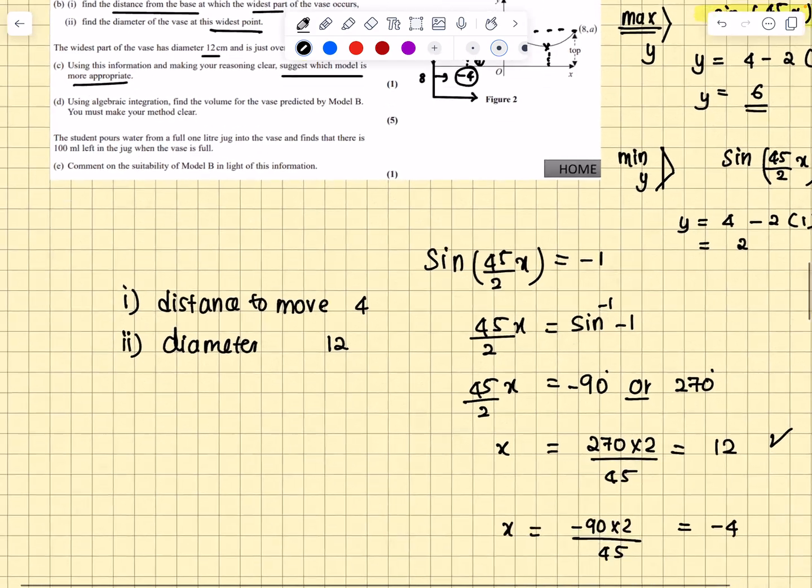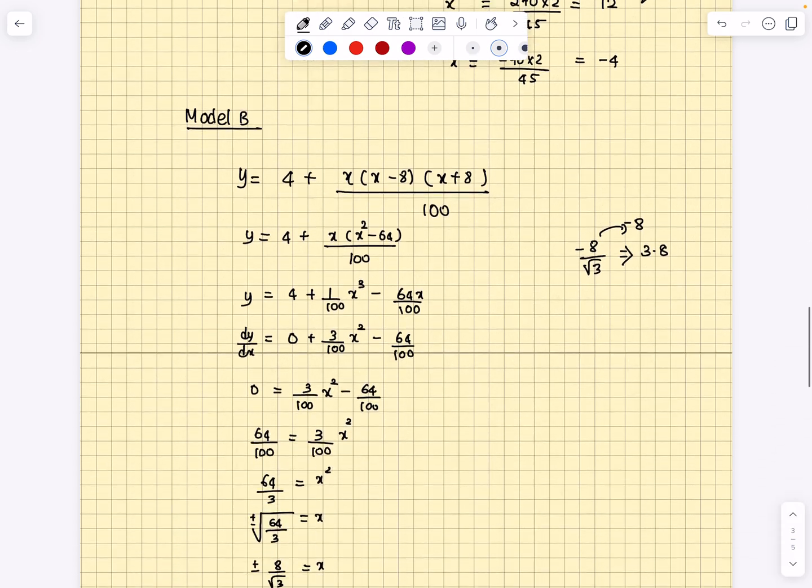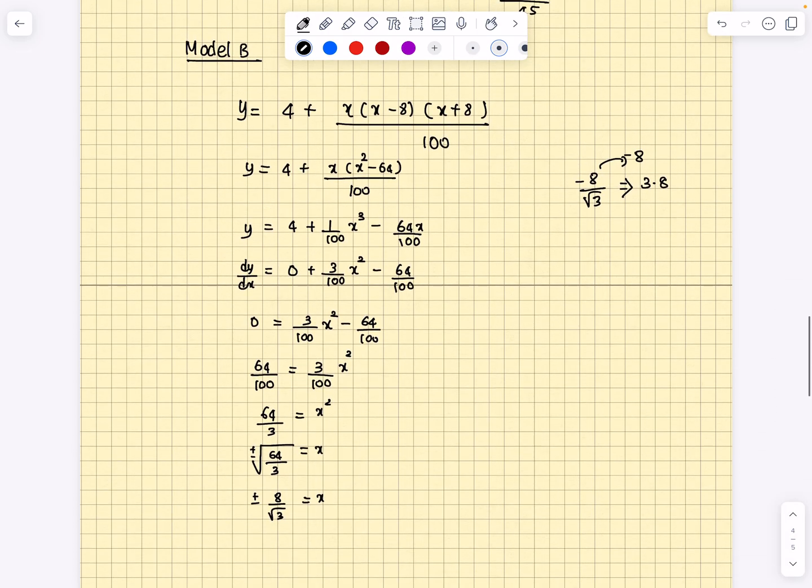Okay, I already know model A is 4 centimeters from the base and diameter is 12. So that's close. And then model B is about 3.38, I think. So 3.38 from the base.